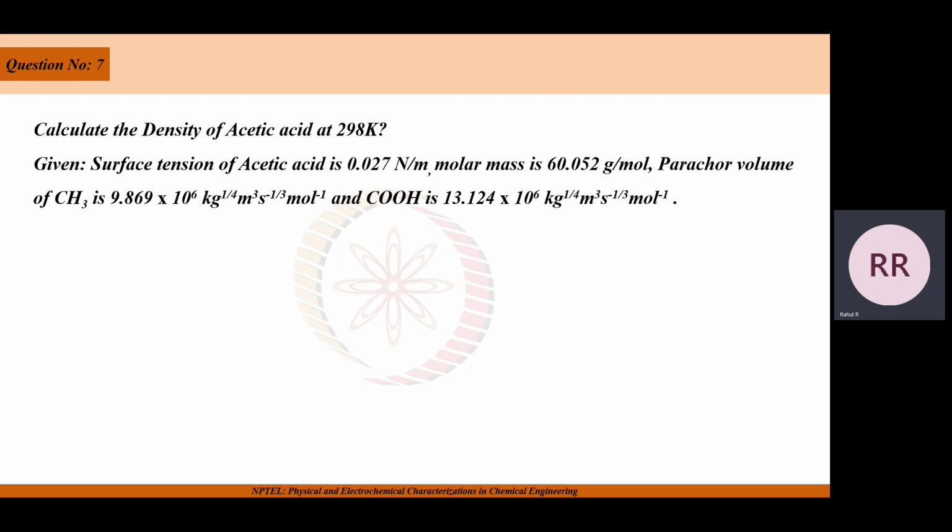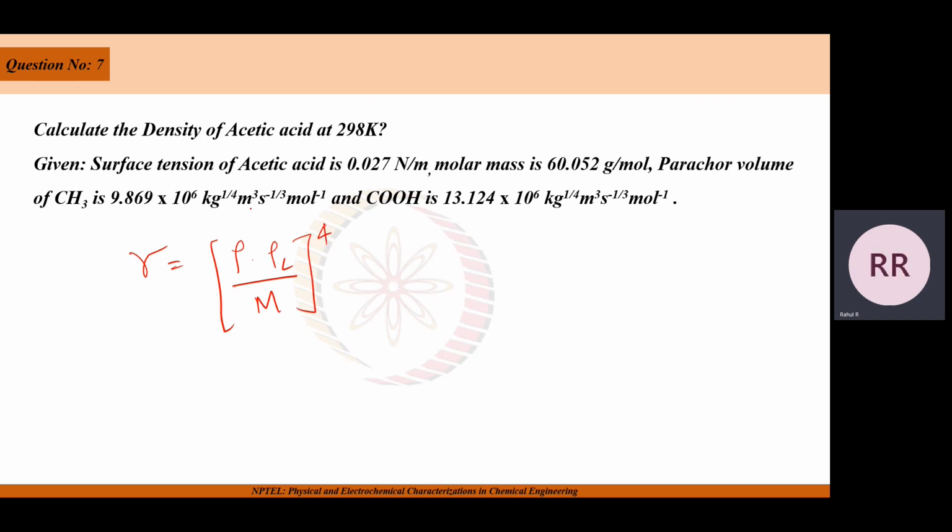I guess you guys have had enough time to think about the answer, so let me now discuss it with you. As I said, we can use the same formula here. The formula we used was gamma to the power of 1 over 4 equals the parachor divided by the molar volume.